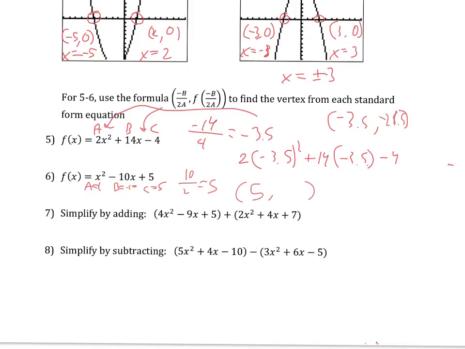Now we need to plug 5 into the original function. And I believe that's 25, 50, and 5, -20. And we're done there.